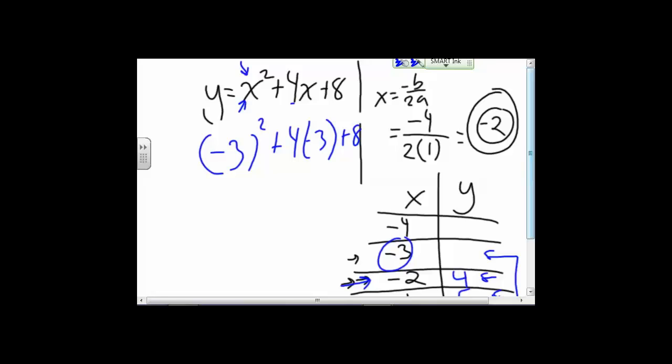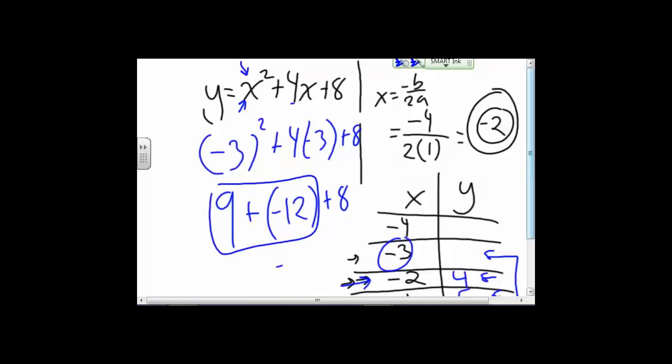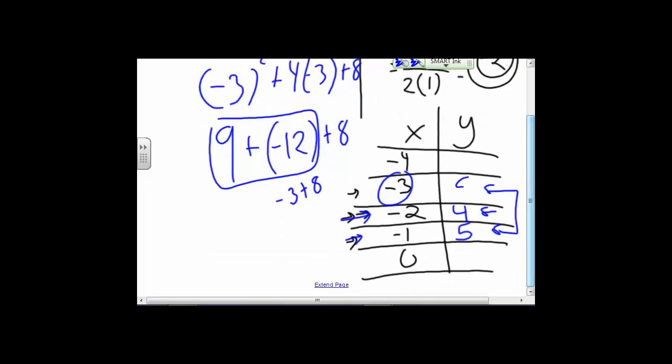Negative 3 squared is 9, plus negative 12, plus 8. So negative 3 plus 8 gives 5. Does it match up? Yes, it does.